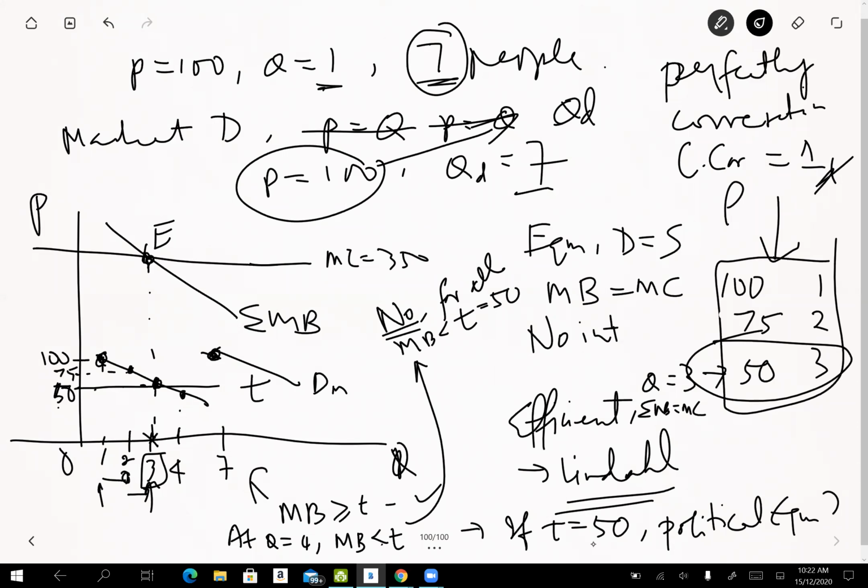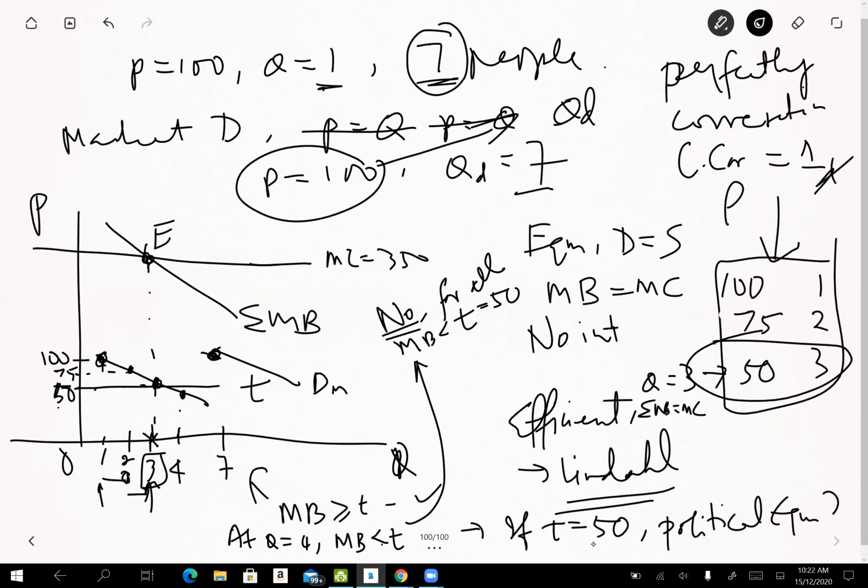Because everybody has the same demand function, the political equilibrium would be the outcome of voting by unanimous choice. So the last output level that you will vote yes would be the efficient point.